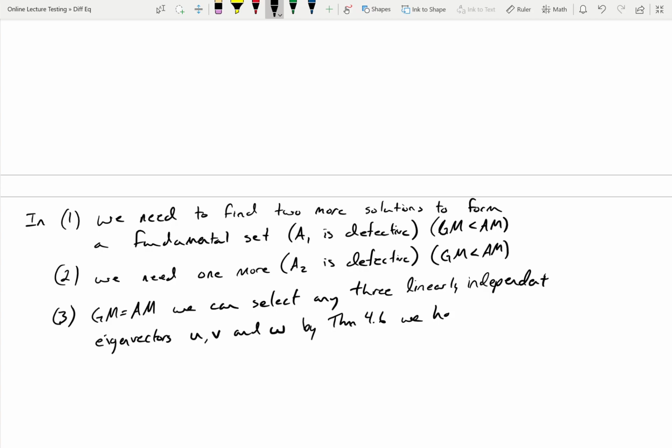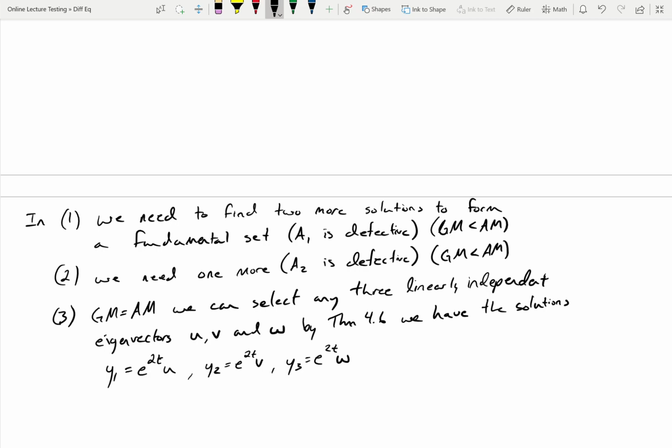Once we have these linearly independent eigenvectors U, V, and W, we have the solutions y1 equal to e to the 2t U, y2 equal to e to the 2t V, and y3 equal to e to the 2t W.